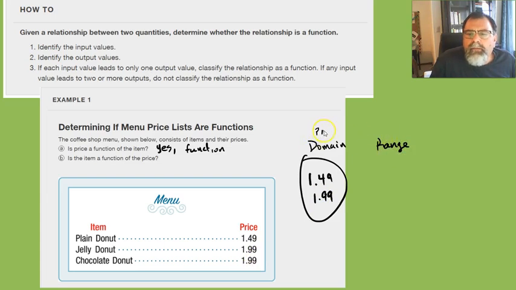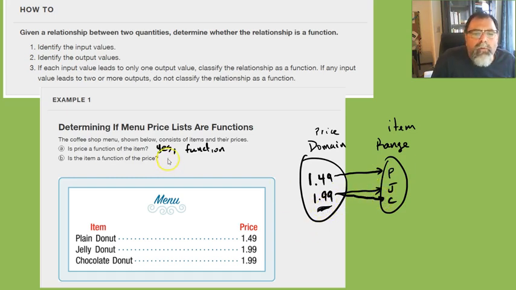So price, item. The items would be the plain donut, I'll just write P, jelly donut, and chocolate donut. And so 149 is the plain donut, 199 is either the jelly donut or the chocolate donut. So this input value has two output values, so no, that's not a function.